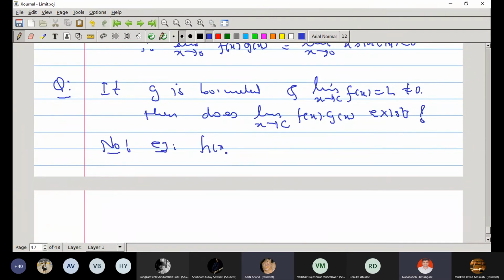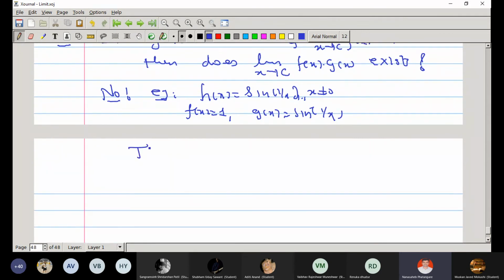If I choose function h(x) equal to sine 1 by x, x not equal to 0, and I take f(x) equal to 1 and g(x) equal to sine 1 by x.